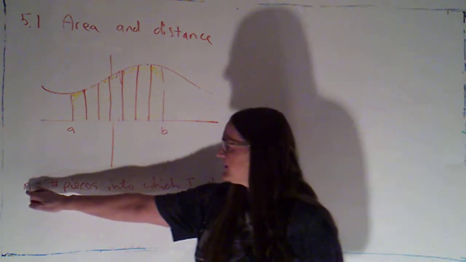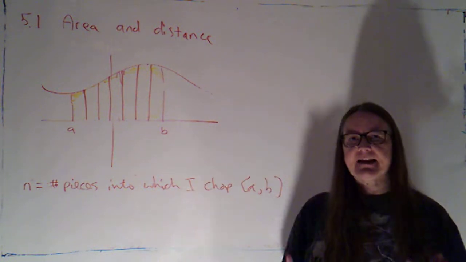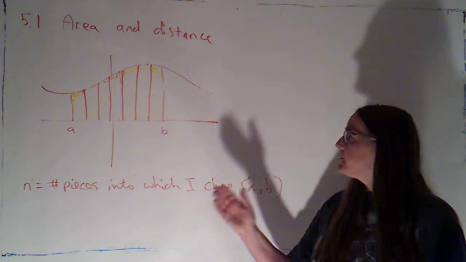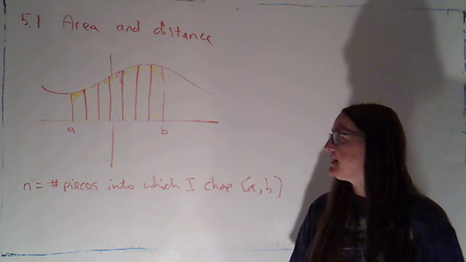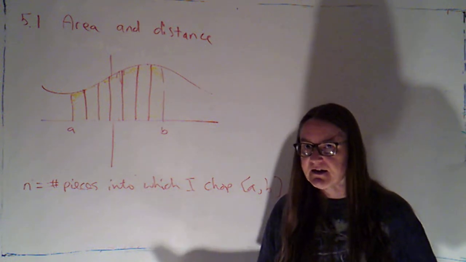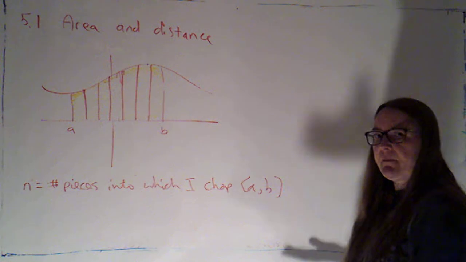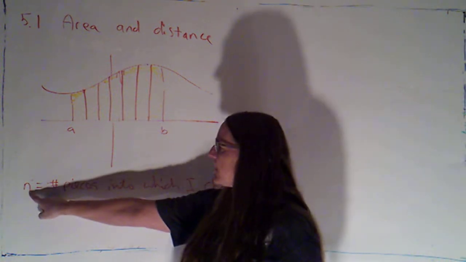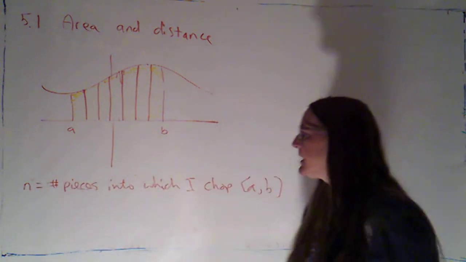That's a variable in the sense that it's a letter standing for a number, but it's not a variable in the sense that it's actually varying. It's fixed for this problem. So I might sometimes chop things into 15 pieces, in which case n would be 15. Other times I might chop things into 20 pieces, in which case n would be 20. But for any one time that I chop this up, I'm only chopping it up into some fixed number of pieces. So n is representing a fixed but unspecified number.